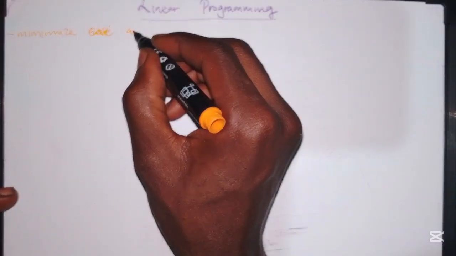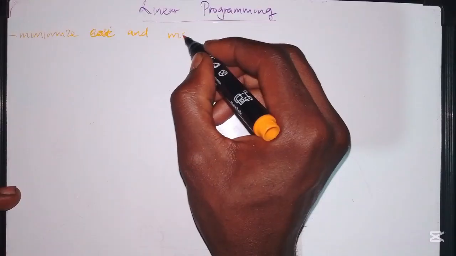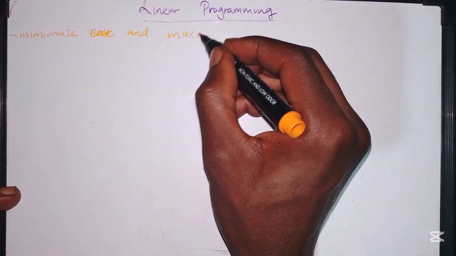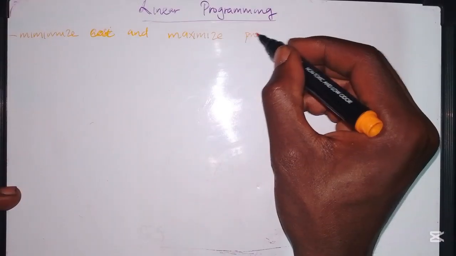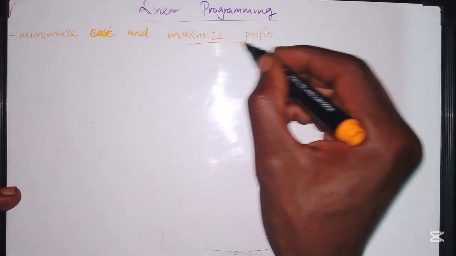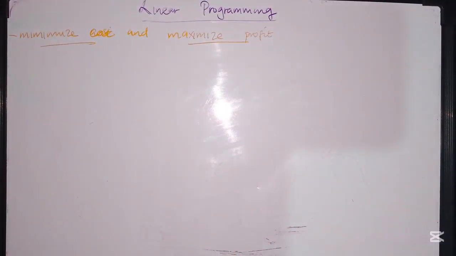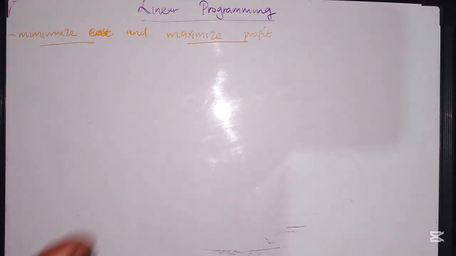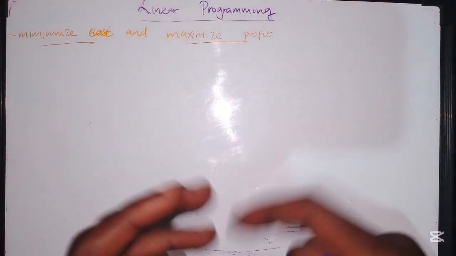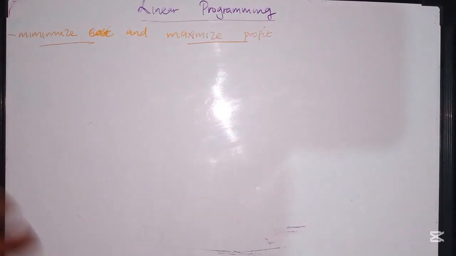Cost and what? Maximize profit. So this is what businessmen and women use for them to do what? To maximize their profit and to know what cost they will use.